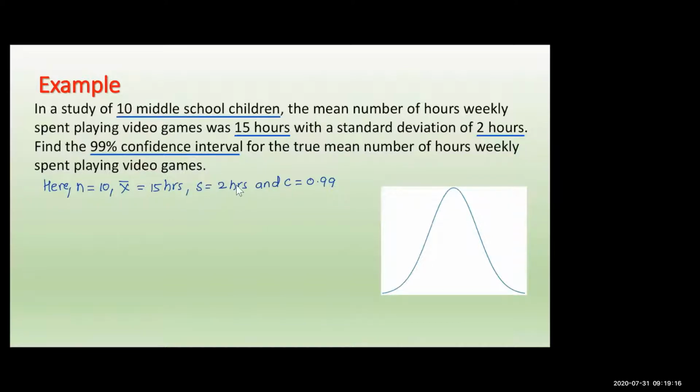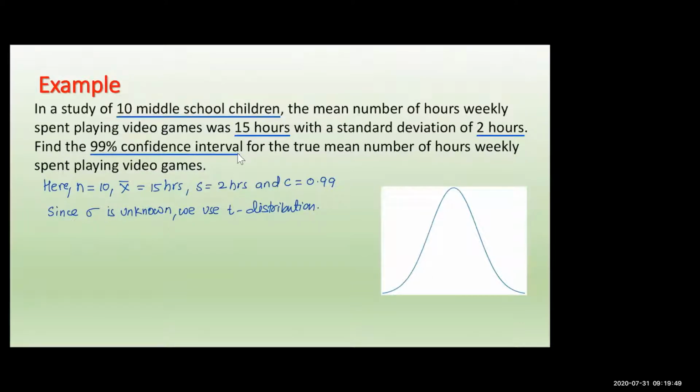So since the population standard deviation sigma is unknown, we use the t-distribution. And in this example, we are constructing a 99% confidence interval.